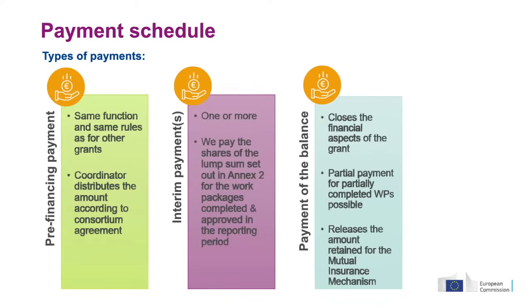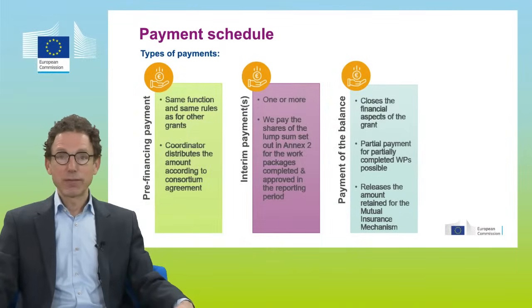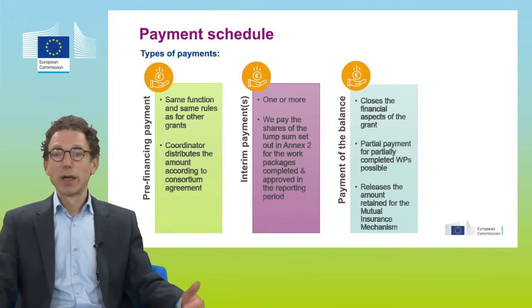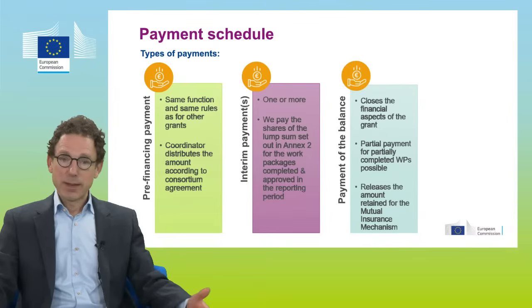Then you'll have an interim payment at the end of each reporting period, where we pay the shares of the lump sums that we have accepted. So if you look again at this schedule we had a few slides before: whenever you report a work package complete, and we accept it, the amount that is in your Annex 2 is paid.